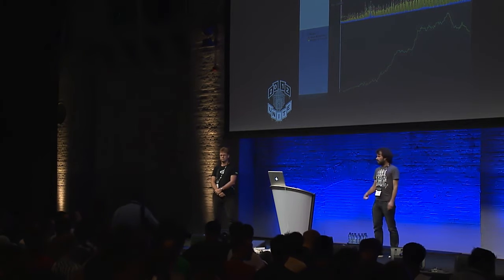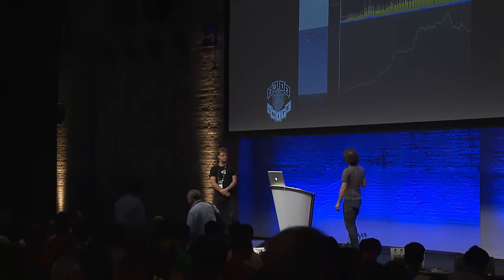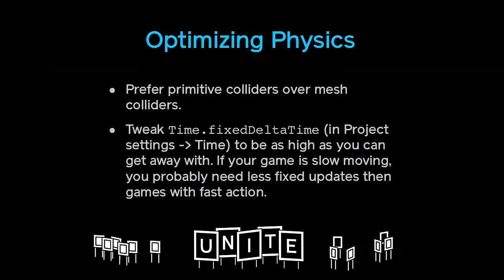So yeah, I'll have two brief slides on physics now. There are a few considerations for optimizing your physics code if you see that it becomes a major bottleneck for you. The first is whenever you set up your physics scene, always prefer primitive colliders over mesh colliders. Primitive colliders are much faster to evaluate than mesh colliders.